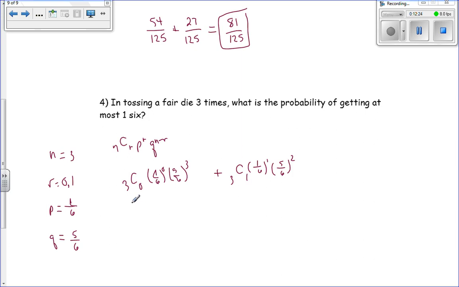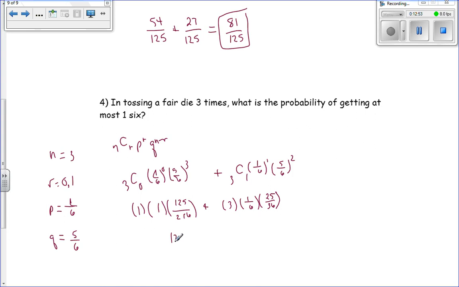When I put this in the calculator, 3C0 is 1, anything to the 0 power is 1, 5/6 to the 3rd power is 125 over 216. Plus 3C1 is 3 times 1/6 times 25/36.